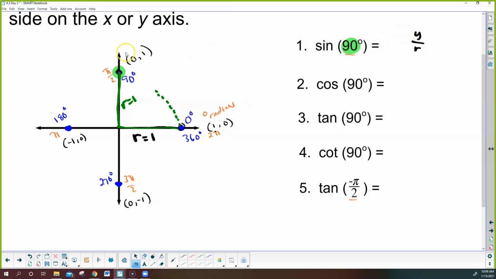And if sine of 90 is the y value over the radius, well, the y value is 1, the radius is 1. So sine of 90 is 1. Again, it might take you a little bit of time to get used to this.